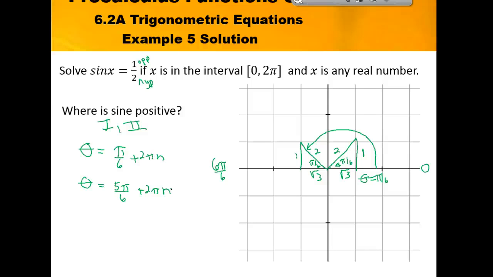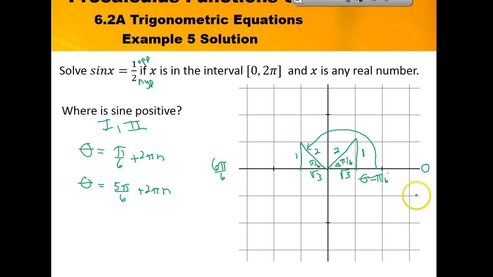Now let me show you why we're going to just go with the two solutions. The two solution rule really happens when these are not a full pi away from each other. If they're less or more than a full pi away from each other, then we can't just say plus 2 pi n.